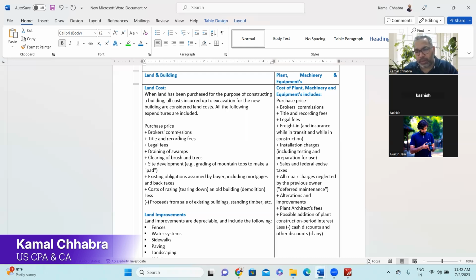So that is now part of my purchase cost. Then alteration and improvement cost, plant architecture cost, or possible addition to the plant, construction period interest, minus any cash discount or other discount which you have received. That's how you calculate the cost of plant, machinery, furniture, fixtures.